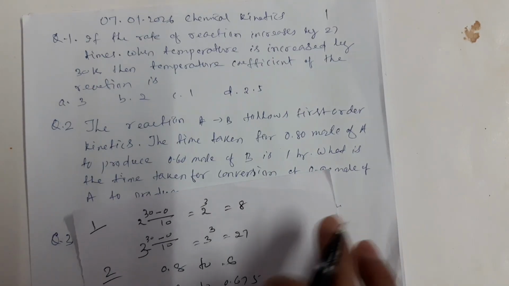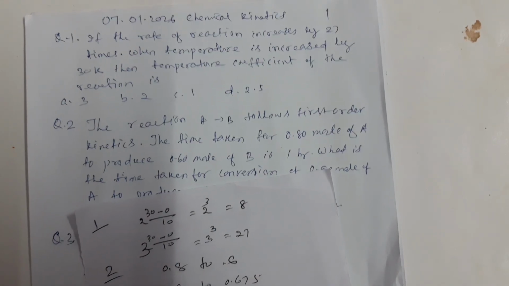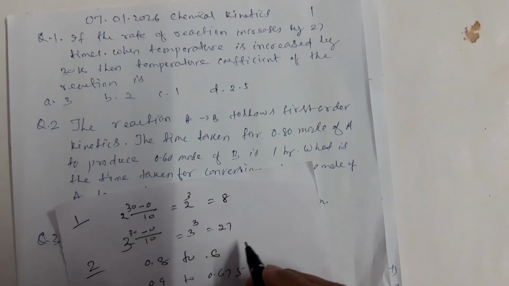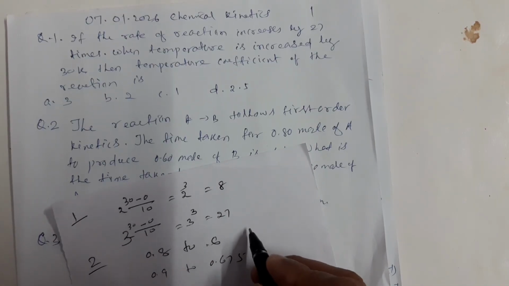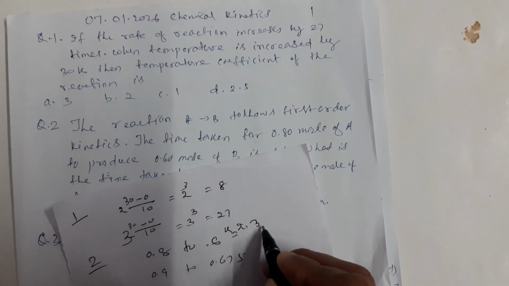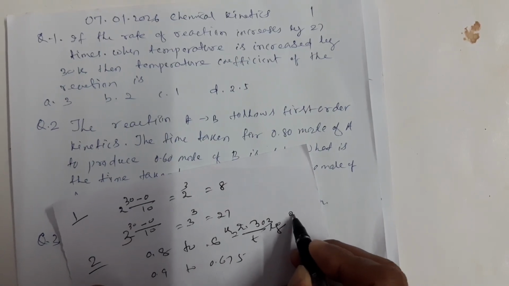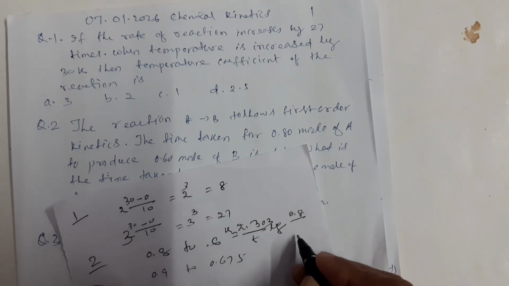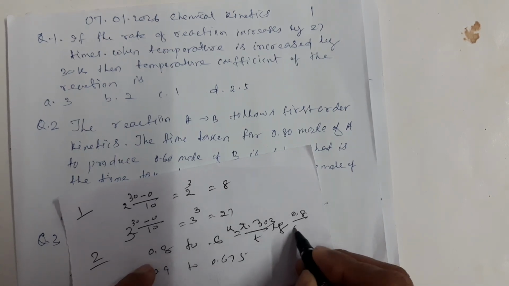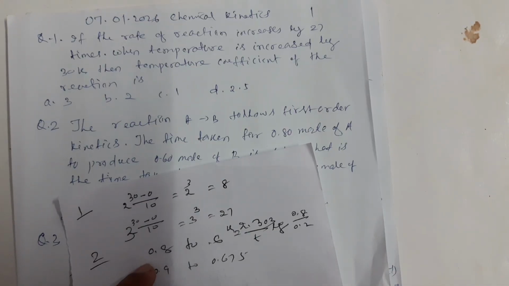See, so what is happening here? Your formula: K is equal to 2.303 by t log of 0.8 by (a minus x). How much? So it's 0.8 minus 0.6, that is 0.2.